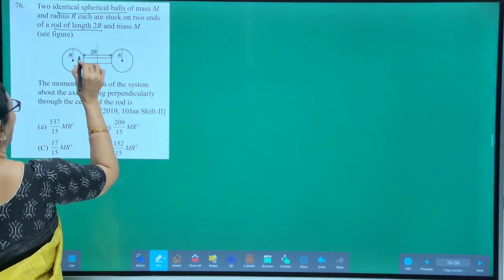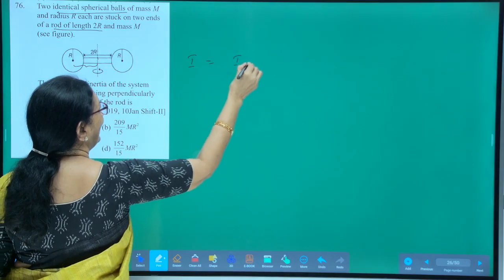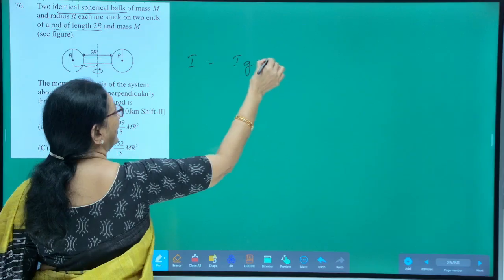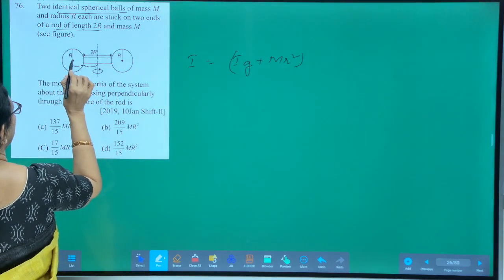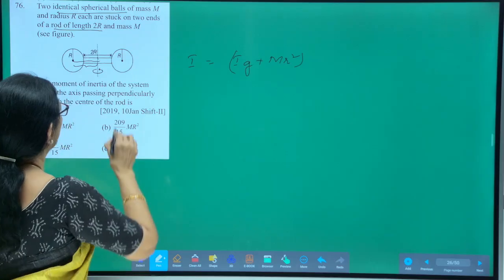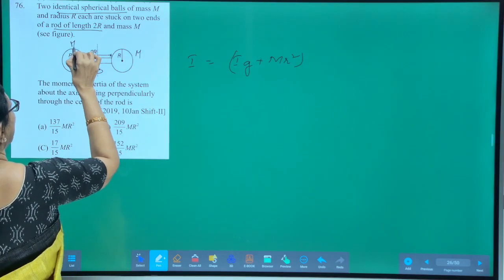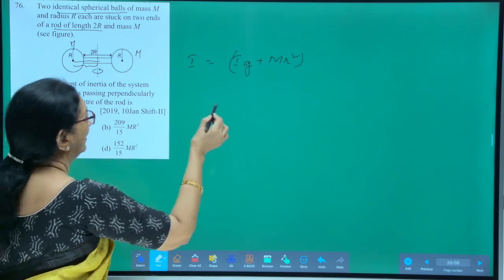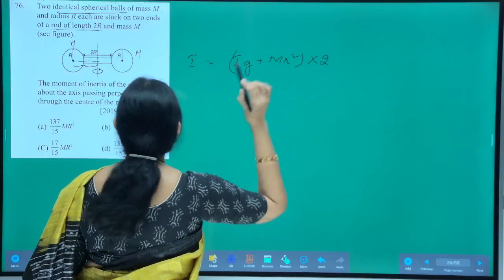So for this one, about this axis, I is equal to Ig plus mr square, where r is the perpendicular distance between this axis and the natural axis. Because both of them have the same mass and same radius, the same formula applies, so into 2.